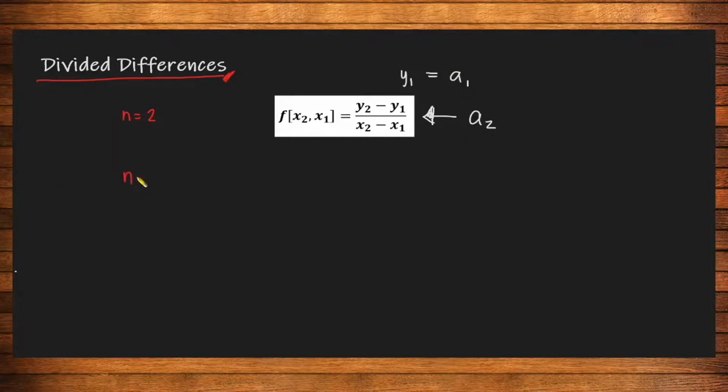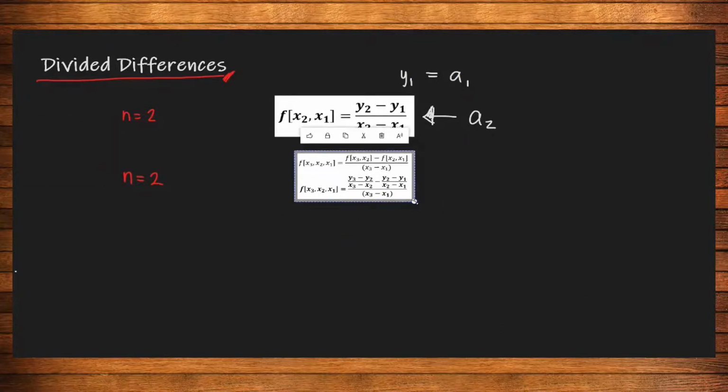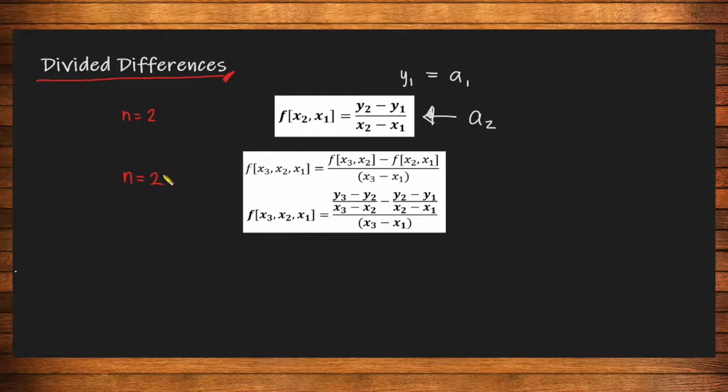Now, for 3 points, the second divided difference, written as f and then open bracket x sub 3, x sub 2, x sub 1 is defined as the difference between the first divided differences f x sub 3, x sub 2 minus f x sub 2, x sub 1 divided by the difference of x sub 3 minus x sub 1. Okay?